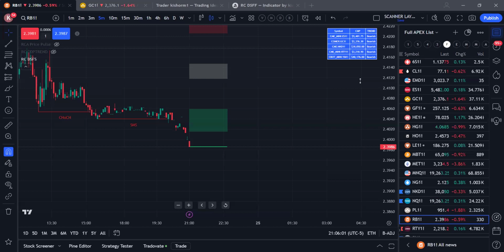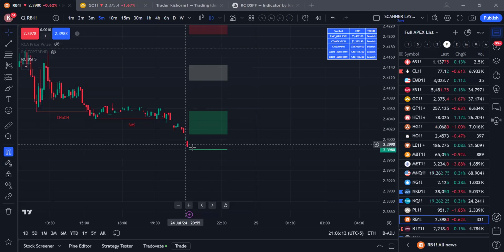Wait for some time for ES to reverse. Whenever price is in this area, only then will it show in the green color. If price drops, that will disappear. Again, if ES starts coming here, then it will show ES.